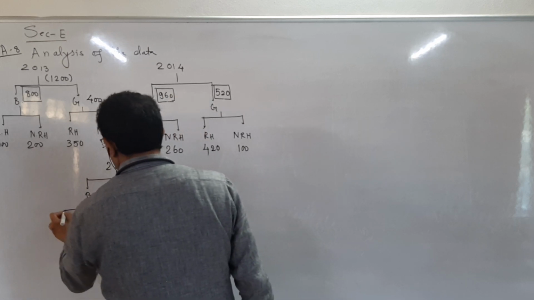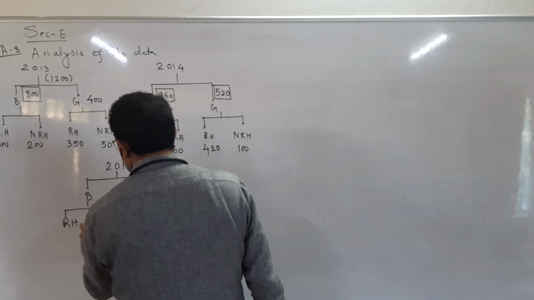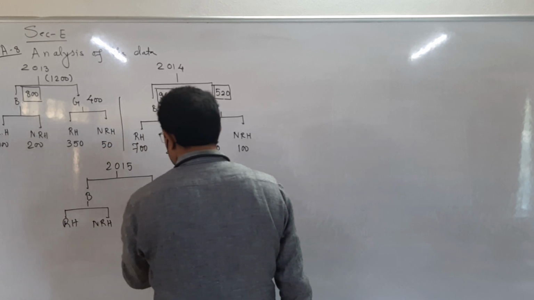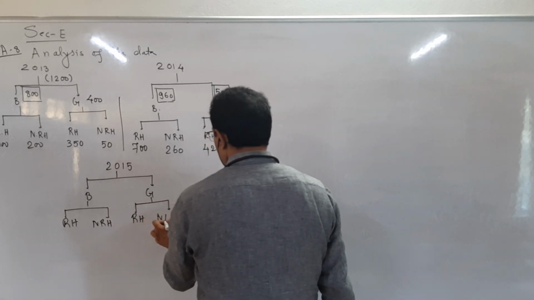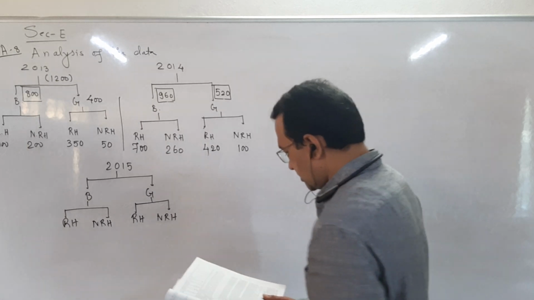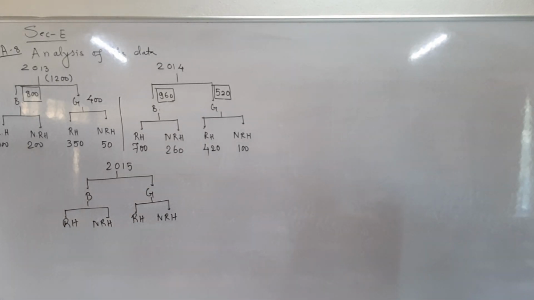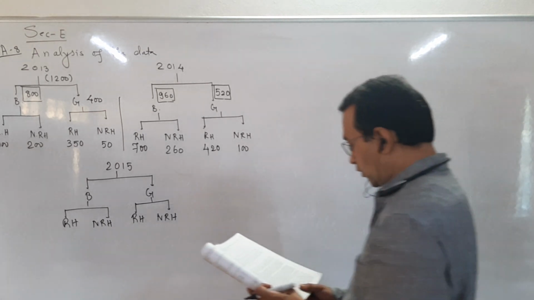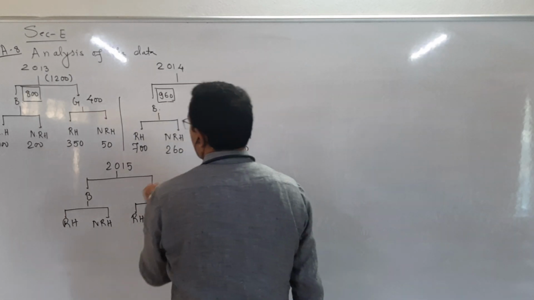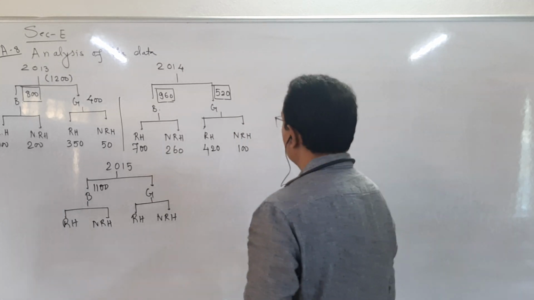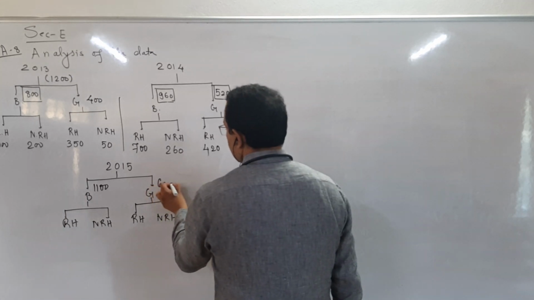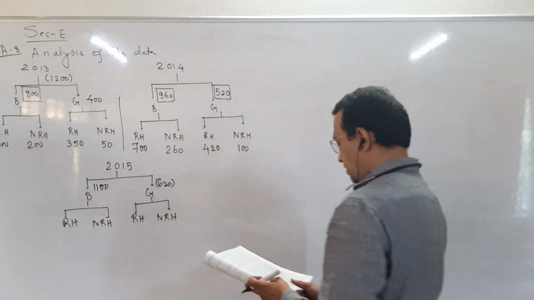Divide this into residing in hostel, not residing in hostel. 140 boys and 100 girls were newly admitted. 140 boys, add 140 here, this will become 1100, and 100 to 520, this will become 620. Newly admitted.